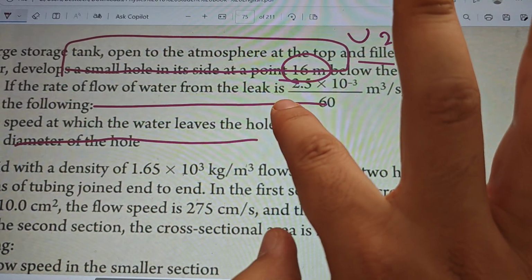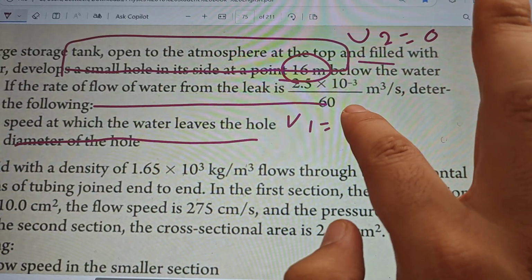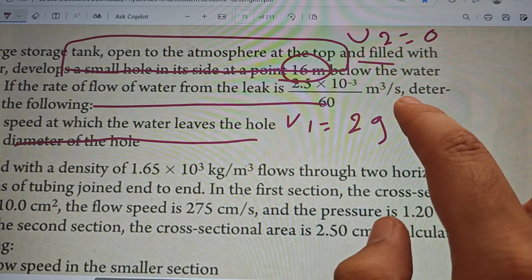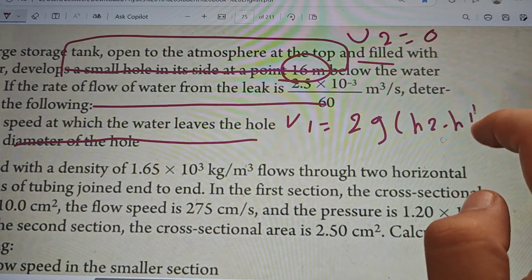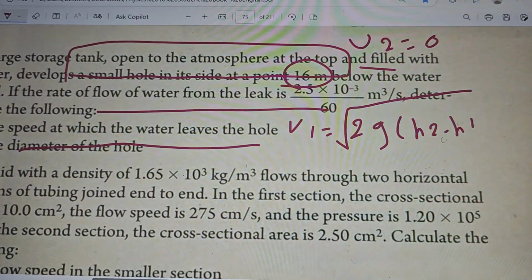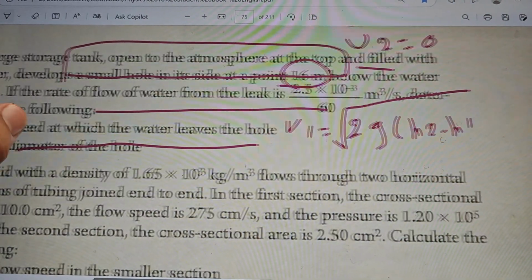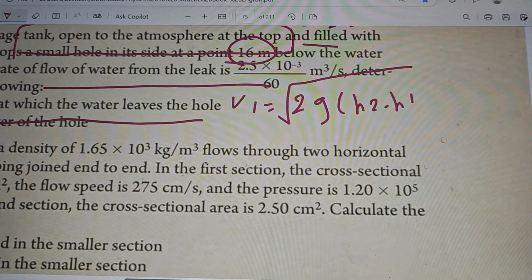So the first speed rule: v1 is equal to the square root of 2g times (h2 minus h1), all of them inside the square root. Yeah, same, easy.